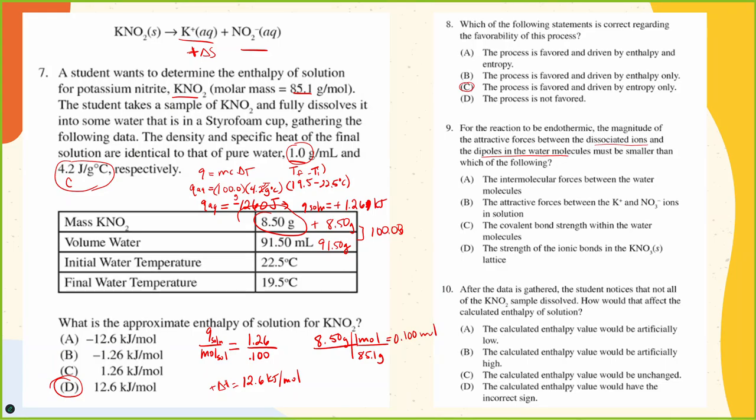You have to break the ionic bonds first between the K and the NO2. That's what they're talking about, the strength of the lattice here. Those are those ionic bonds that have to break. You also do have to disrupt the intermolecular forces between the water molecules, but this doesn't, I think, take as much energy as breaking the ionic bonds. So they're saying the answer to this one is D.